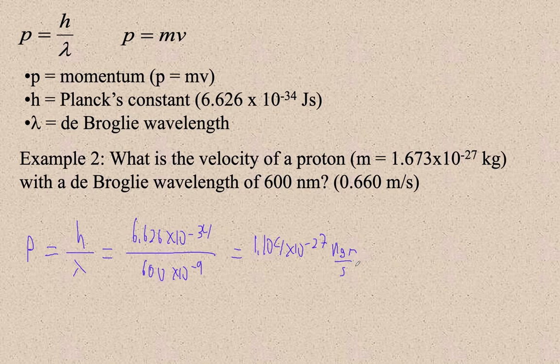It's m times v. All right, and then that equals mv, right? So that equals 1.673 times 10 to the minus 27th times v. So I'm going to take this number and divide by 1.673 e to the minus 27.